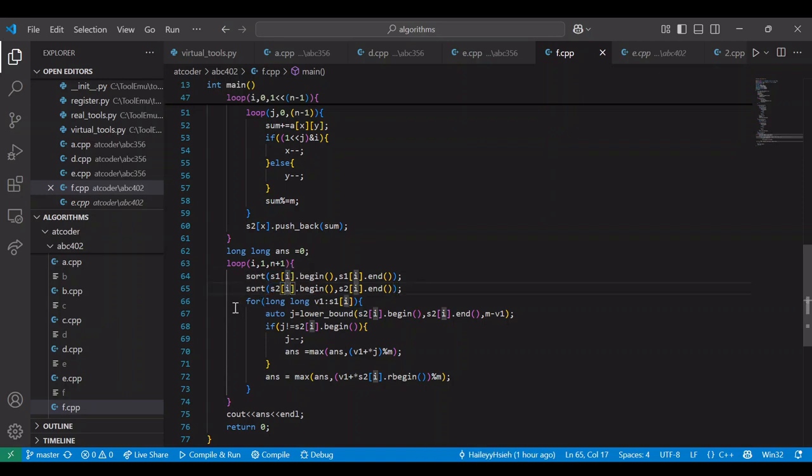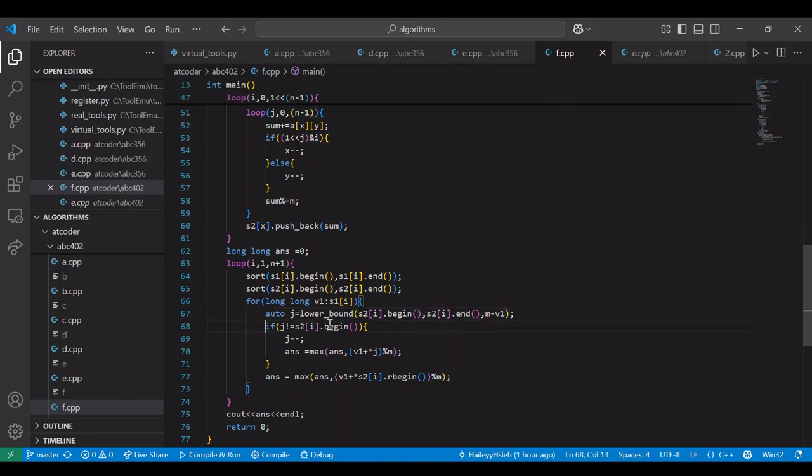For each value in S1, we can perform binary search. So we can find the value that is less than m minus v1, because we want to find the maximum sum modulo m. So for the maximum sum, we will want the other value to be just less than m minus v1.